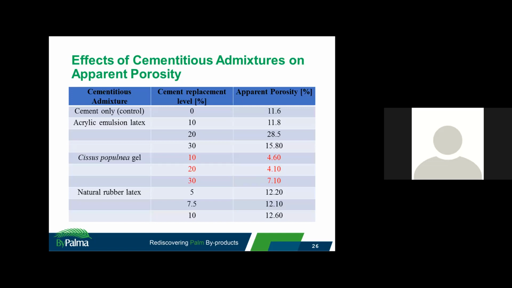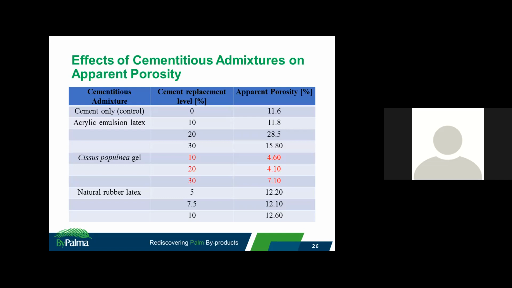But we can see incidentally for the samples containing Cissus populnea, the porosity was lower than for all the other samples, even including the control. Now, there's a need to investigate this further, and we are carrying out further studies on this, looking at the microstructural images to see what exactly happened at this stage.